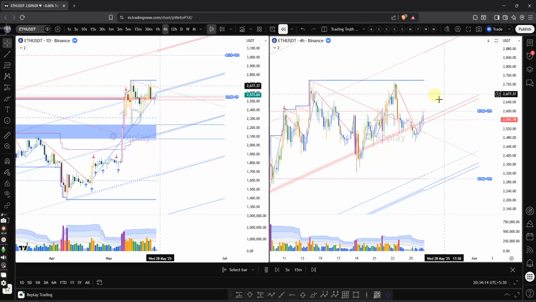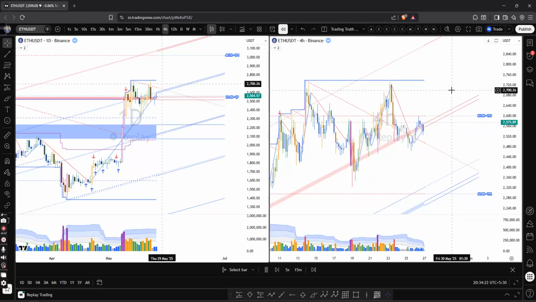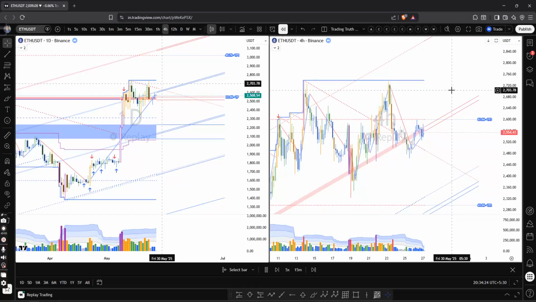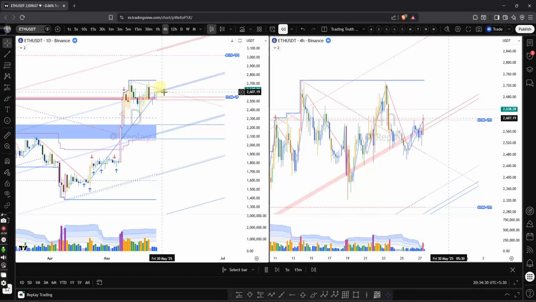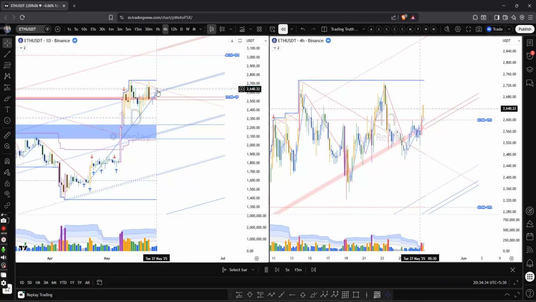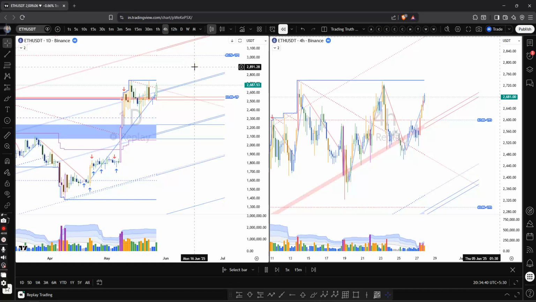Taking support here. Resistance. One thing for sure, there's big resistance that it needs to overcome. Yeah, exactly that point. It is trying to overcome there.